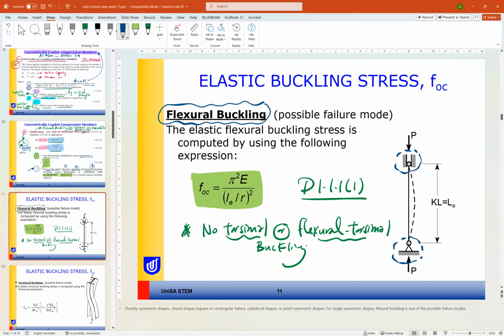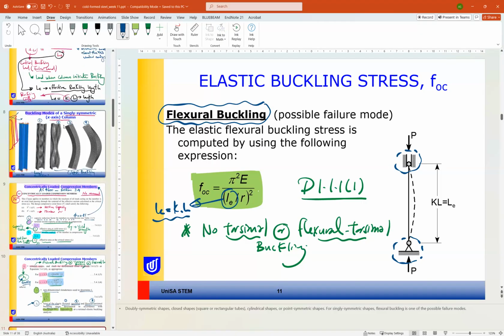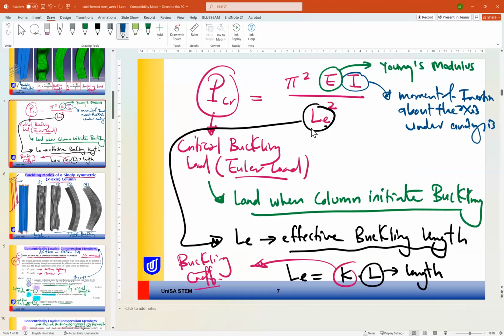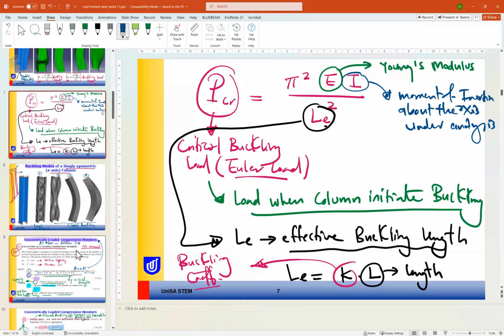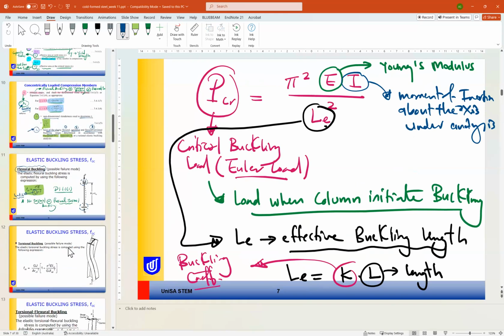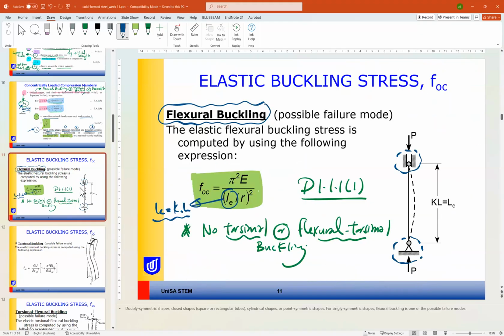Where L effective, as you can see here, in the formula is equal to K times L. We have discussed this earlier. So L effective is the effective buckling length. It is equal to K times L. So this is the first case, the elastic flexural buckling stress, FOC.